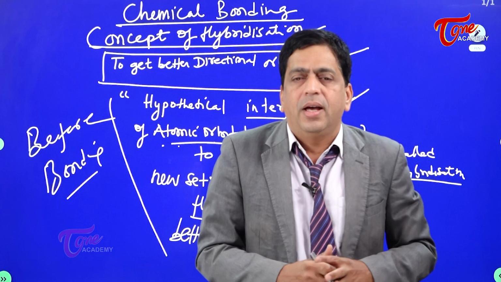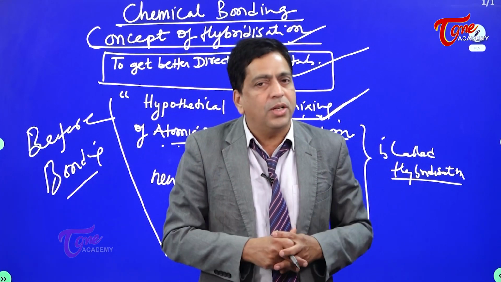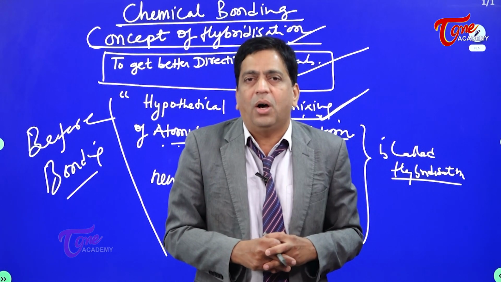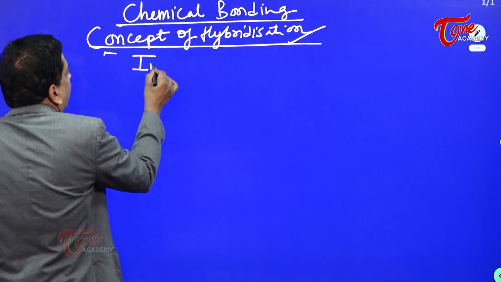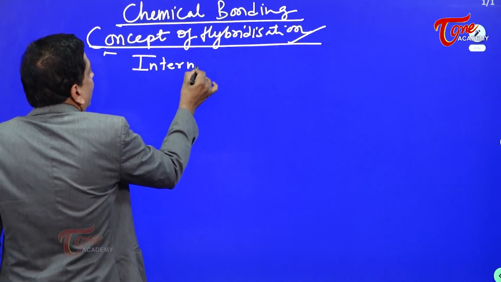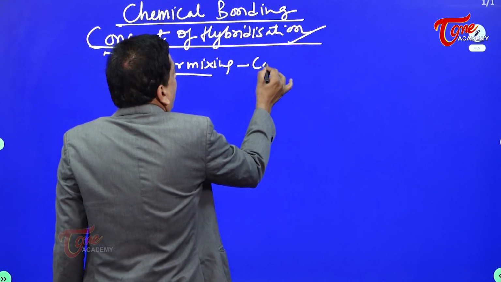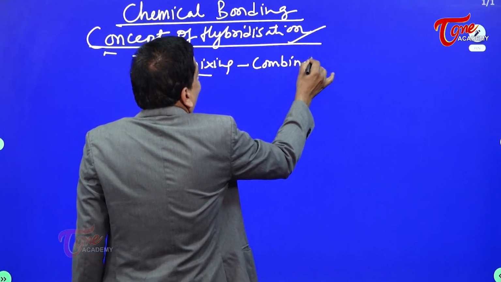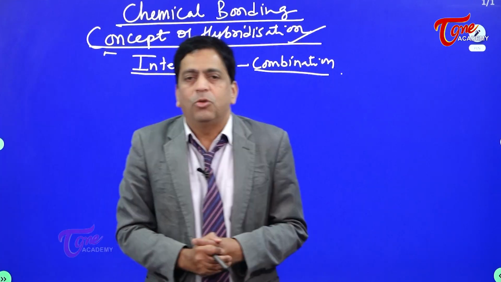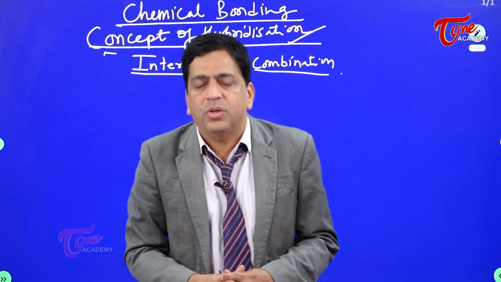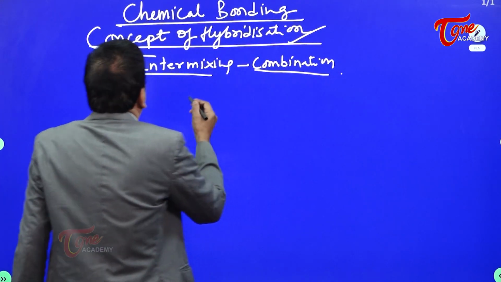Now I will apply this definition to the orbitals. Let us check how the hybrid orbitals look. Look at these intermixing combinations. Intermixing of what? Atomic orbitals. Now, what are the atomic orbitals which you know? It is s, p, d, f.